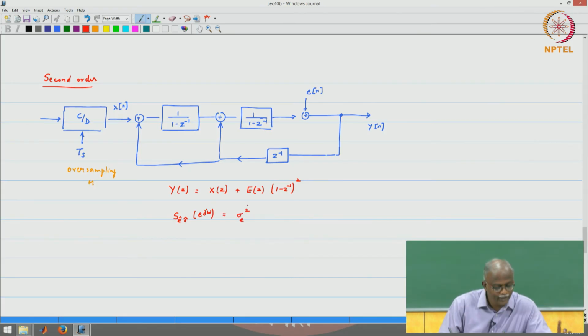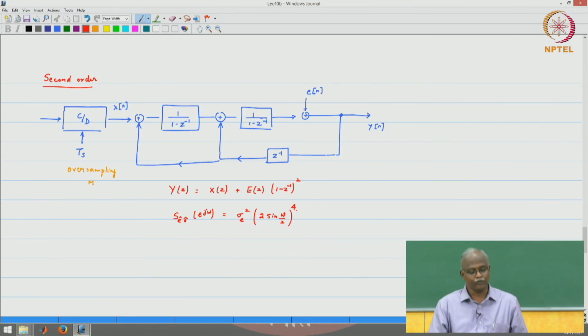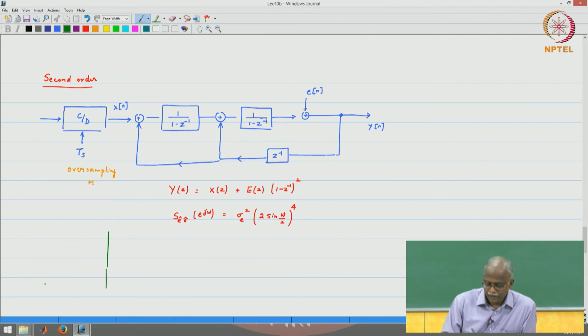sigma E squared, that is the white noise. Now, what is inside the bracket is 2 times sine omega by 2; previously it was raised to a power of 2, now it is raised to the power 4. Okay. So, just to give an intuitive feel, in one case you saw sine squared omega by 2, in the other case you are going to see sine power 4.